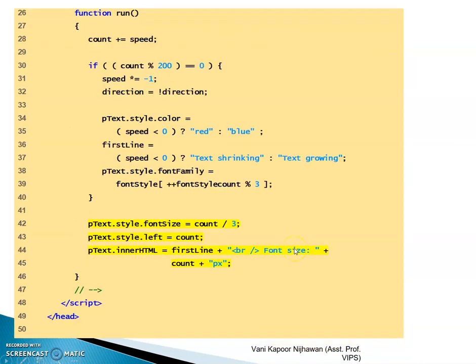So we want this value to move in between 0, 1 and 2. It should pick only the 3 values, that is either 0 or 1 or 2. So we are taking modulo 3. So on the basis of these statements, we are changing the color, the font as well as the text.